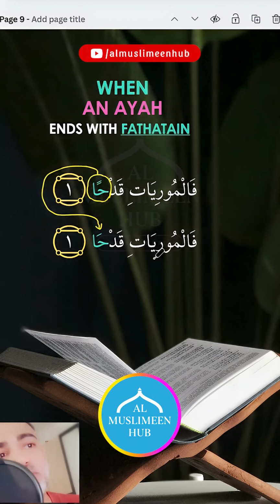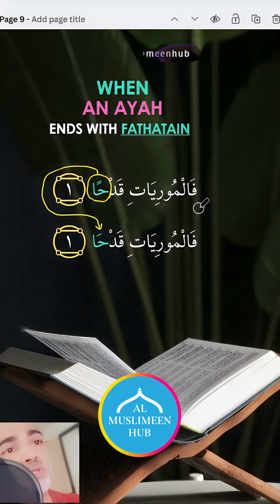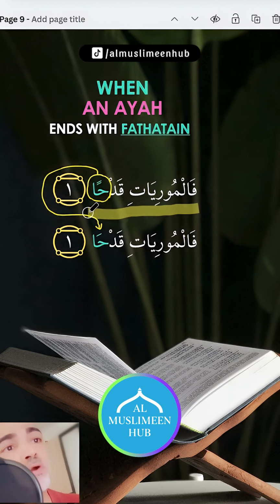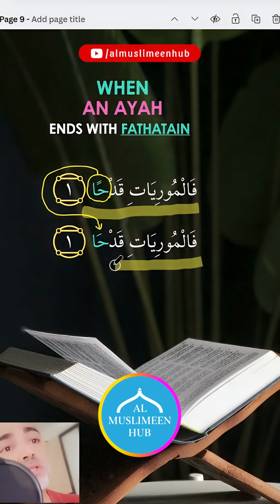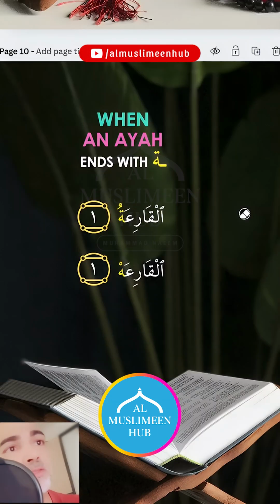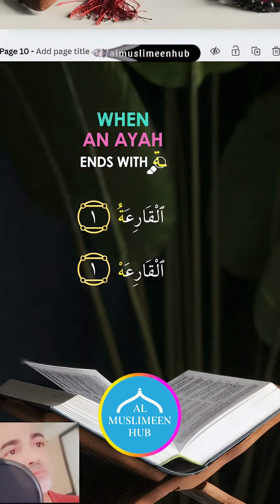So after applying tajweed on this, if I read it without tajweed, فَالْمُورِيَاتِ قَدْحًا, now with tajweed it will be فَالْمُورِيَاتِ قَدْحَا.